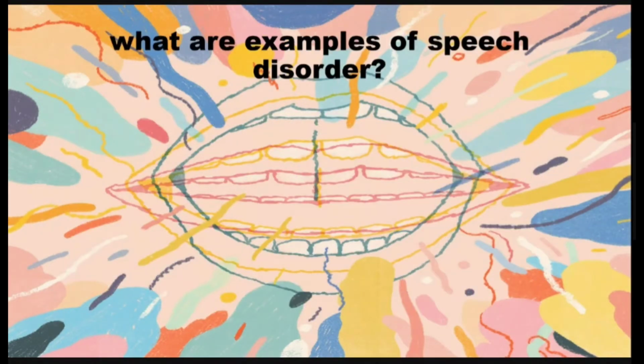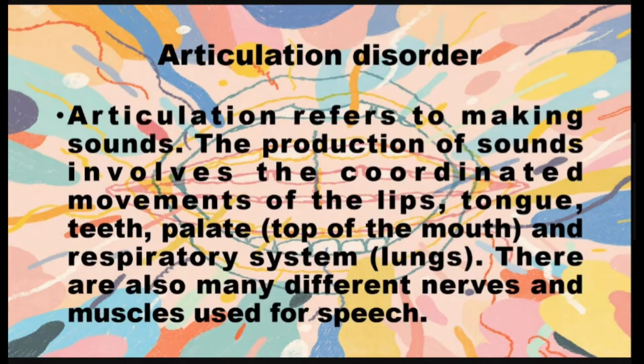What are examples of speech? Wait, before that, an example of articulation disorder is when a person cannot pronounce words or letters. An example is when a person cannot pronounce the sound S and pronounces it as th.